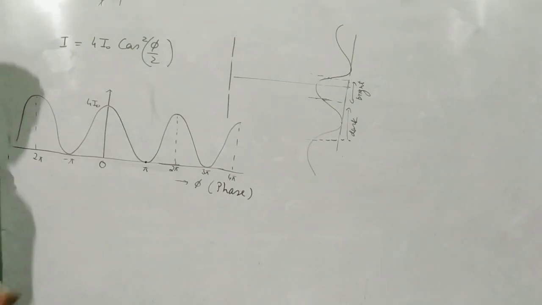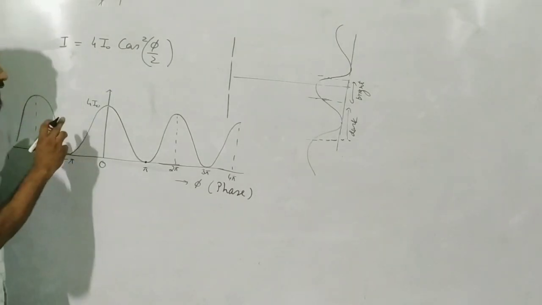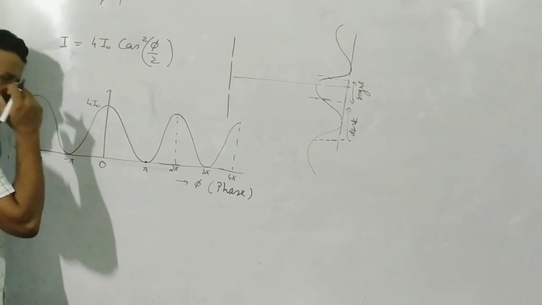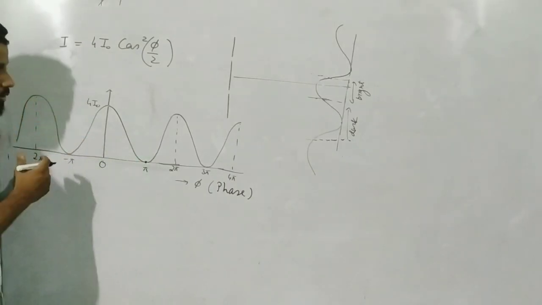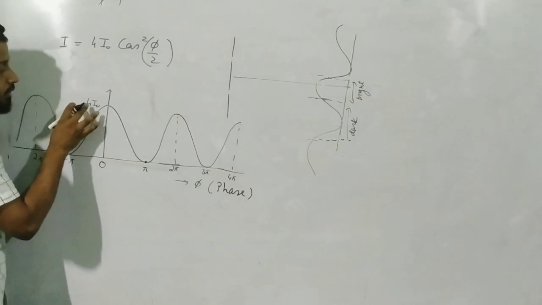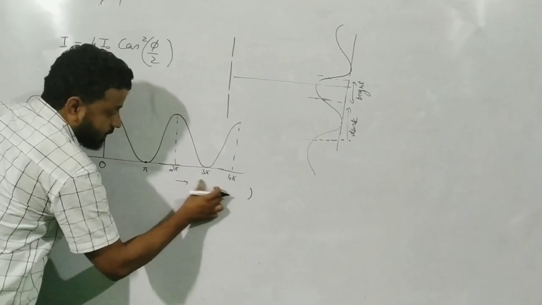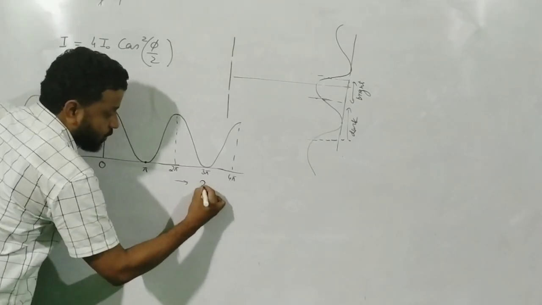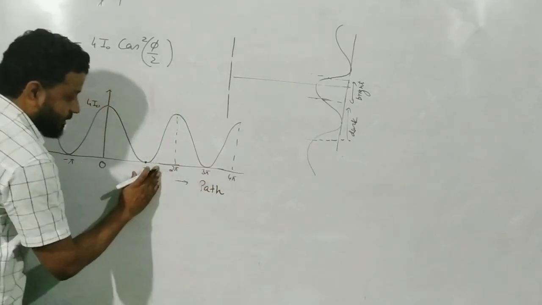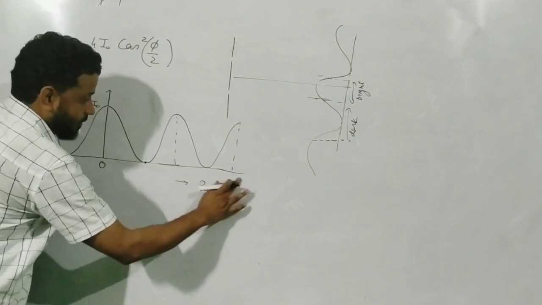Okay, if you have taken a note, now suppose if they ask you to draw the variation, put another heading. By seeing the axis only, you should be able to understand the heading. If they ask you to draw the variation of intensity with respect to the path difference, now the question has changed. So they want you to draw with respect to the path difference. So this will not come.